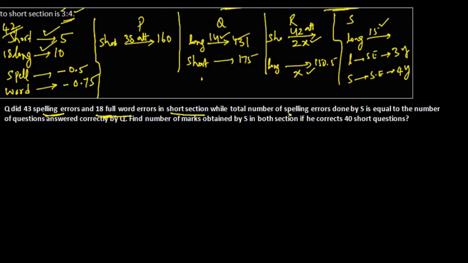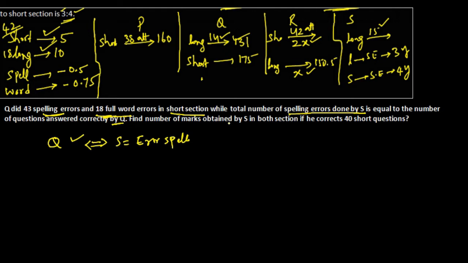While the total number of spelling errors done by S is equal to the total number of questions answered correctly by Q. If you know the total number of questions correctly answered by Q, that is, Q's number of correct answers, that is equal to S's errors. What type of errors? It is spelling errors. So S's spelling errors are equal to it, it is given. Okay.